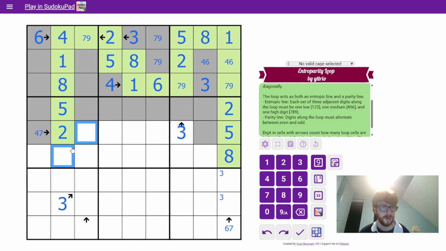Okay. And after a 7 or a 9, you get an even medium digit. So it's a 4 or a 6. But there is still a lot of room for that as well. Okay, no, I don't think that's it.